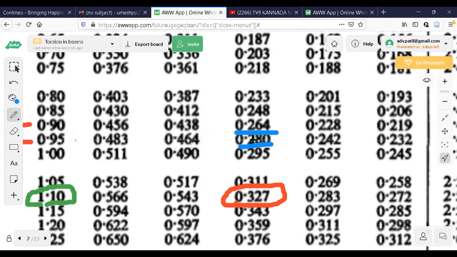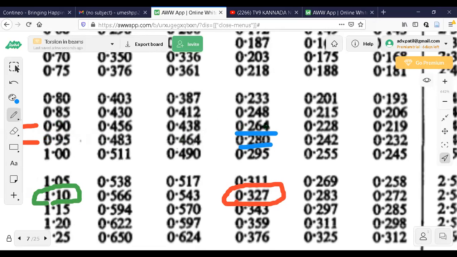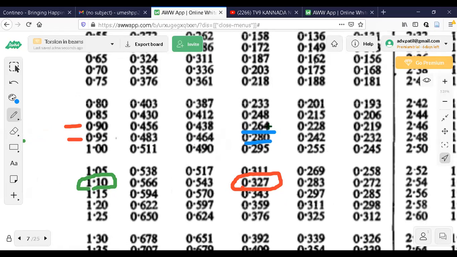So I have to do like this. Otherwise, I'll take a risk. Again, I'll try to save the time. I'll take it as 0.908 is very close to 0.90 only. Then I'll directly use 0.264. So after using it, this is the value of pt.